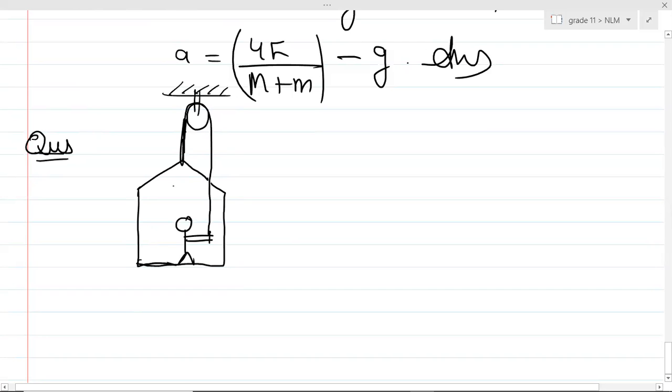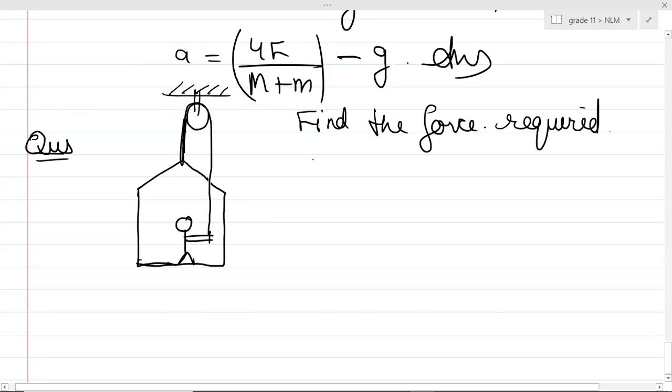Basically, there is an elevator in which there is a man, and the elevator is connected to a string, and the other end of that string is with this man. So now the question is: find the force required by the man in pulling the string.